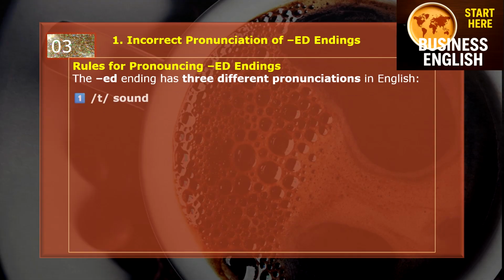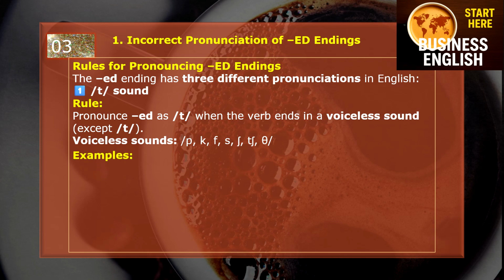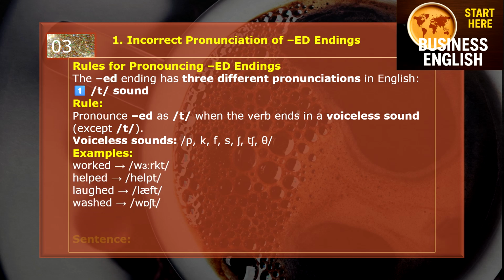Okay, here we go with rules for pronouncing ed endings. The ed ending has 3 different pronunciations in English. The first one we'll go through right now is the T sound.